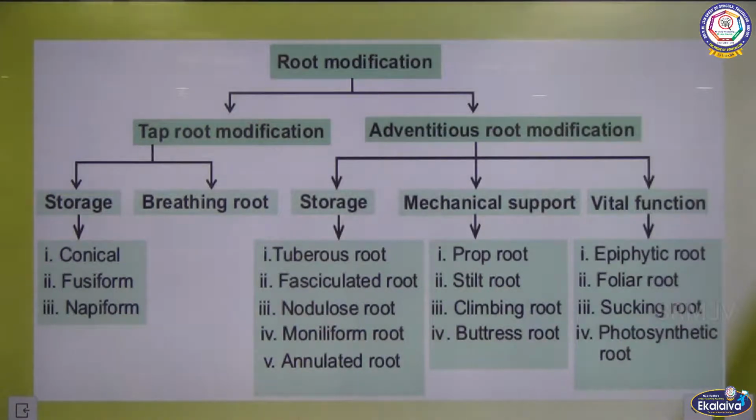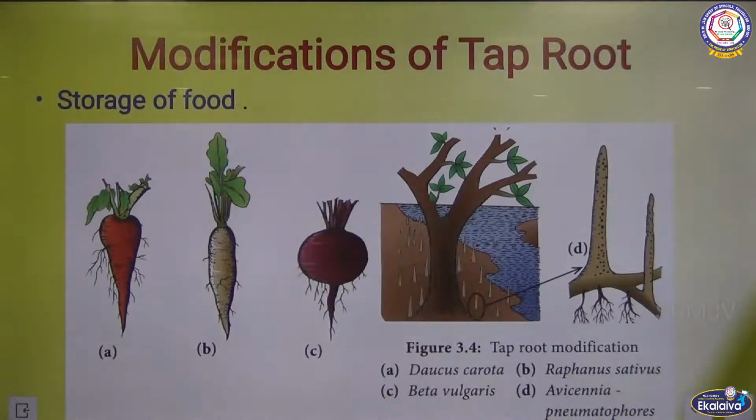First, when we see taproot modification, we will see that the root is modified to store the food material. In this picture, you can see that the root is modified to 3 different forms. The first form is conical form, which we can see in carrot, where the roots are cone-like, broad at the base and gradually tapering towards the tip.